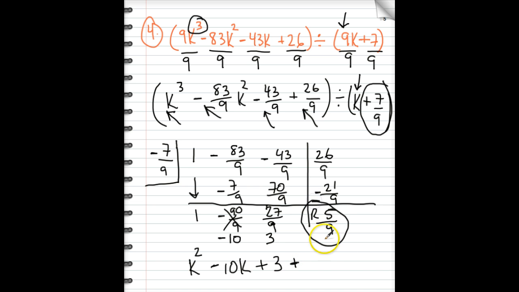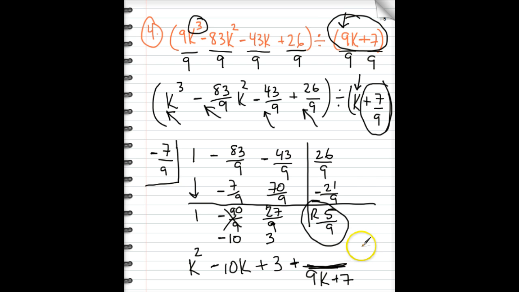But what you have to do is express the remainder as a fraction of the original divisor. The original divisor was this one, 9k plus 7, so we have to keep that as the denominator of the remainder here, 9k plus 7.